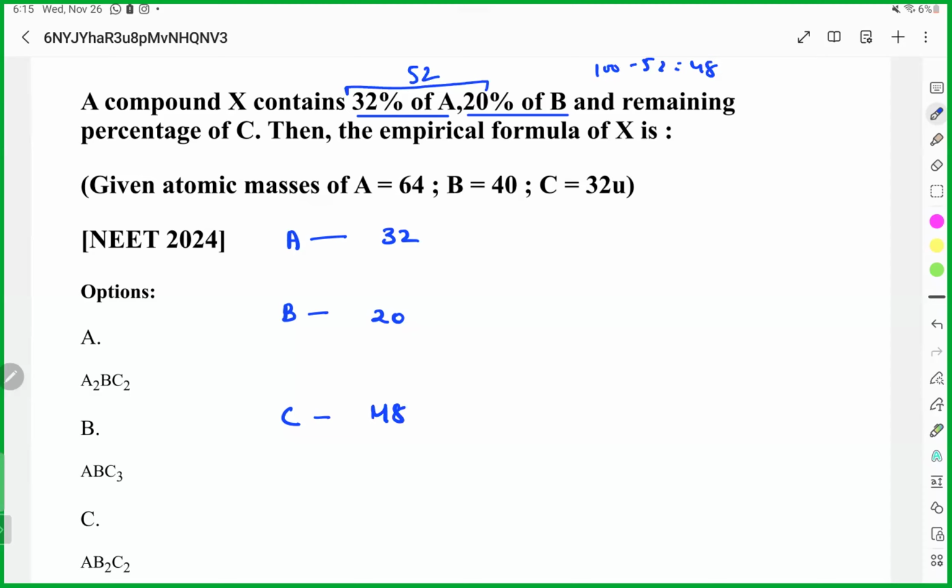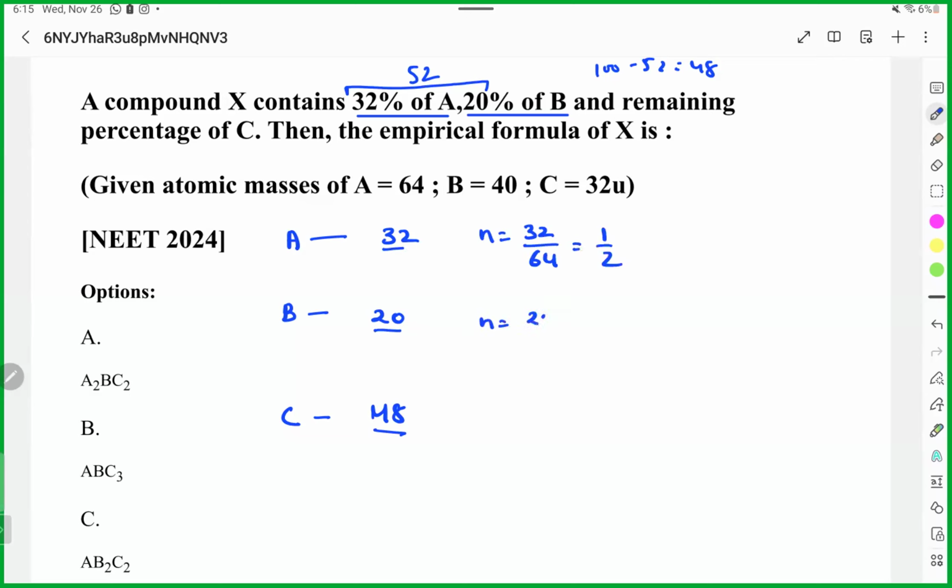They will not give the third thing. You have to calculate it. Total is 100. One is 32, second is 20, becomes 52. Remaining is 48. Now first calculate the number of moles. 32, what is the molar mass of A? 64. So 1 by 2.